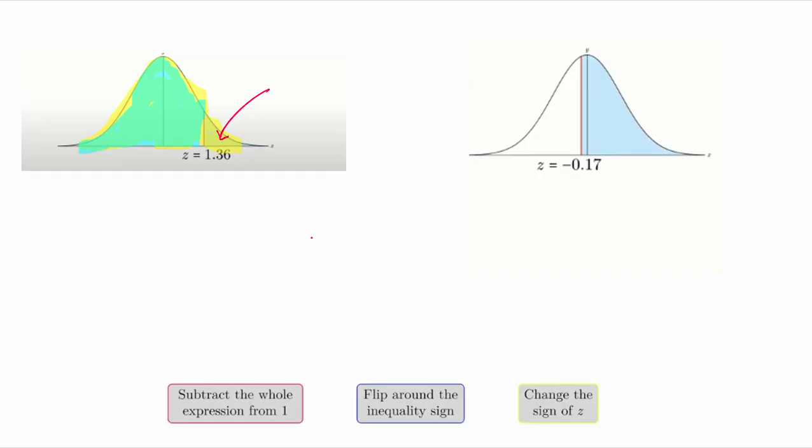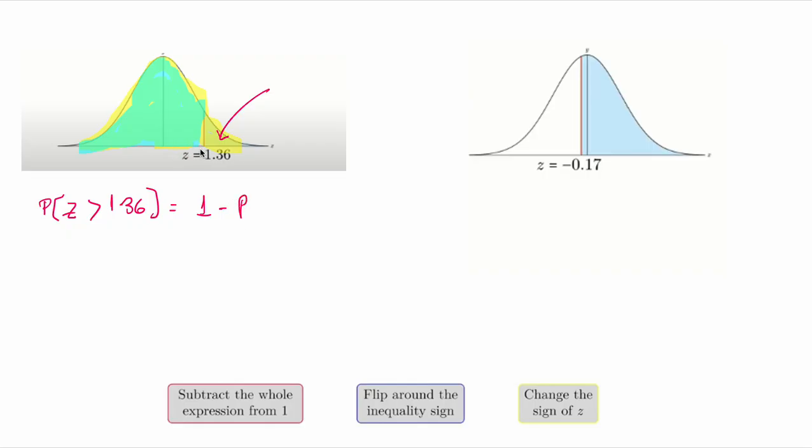This is the area that I want. Okay? So what does this mean? Well, the probability that my variable is bigger than 1.36 is actually the whole area under the curve, which is 1 and will always be equal to 1, minus the blue area here, right? Okay, so what is this blue area?